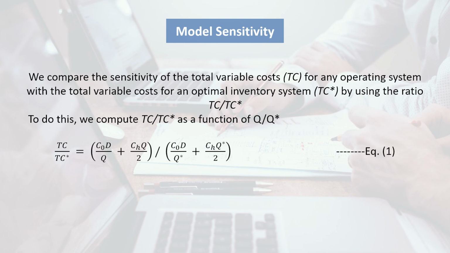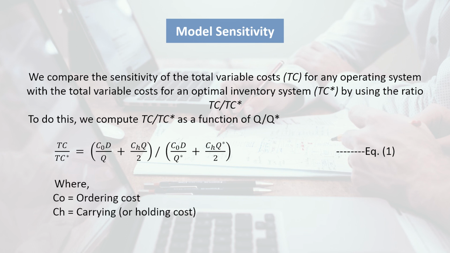So TC upon TC star will be represented by the formula (C0 D upon Q plus Ch Q upon 2) divided by (C0 D divided by Q star plus Ch Q star divided by 2). Here ordering cost is represented by C0, and Ch is representing carrying cost or holding cost.